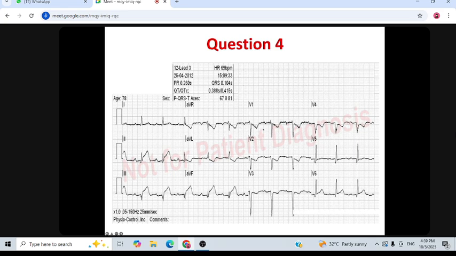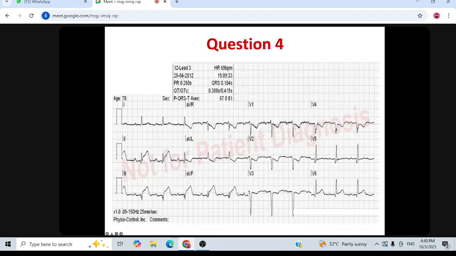So this is depressed. You can see there's elevation in lead 2, lead 3 and aVF. There's depression in V1, V2, V3 and V4. There's ST depression.